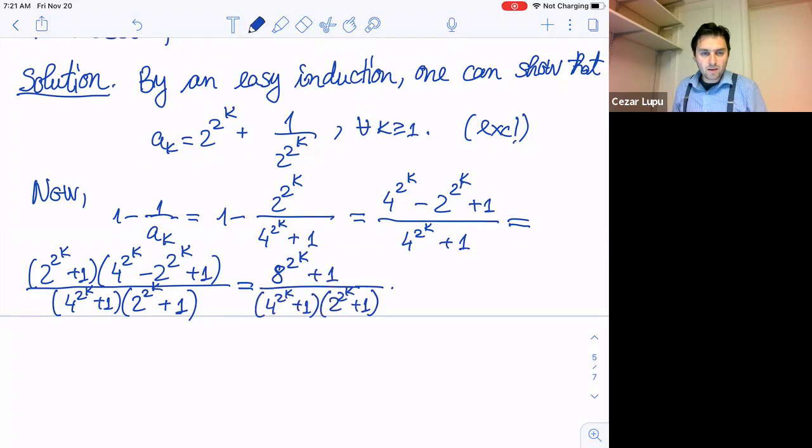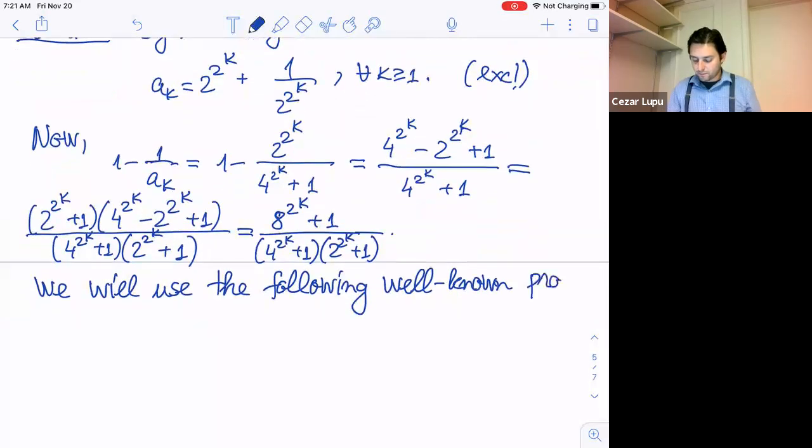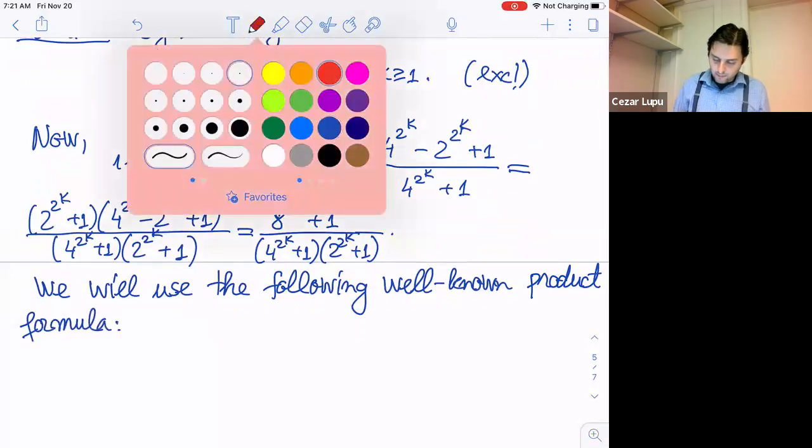And I think we can get going from here. And now we have one more ingredient that I would like to use here. We will use the following formula. Well-known product formula. Okay, and the formula is the following.